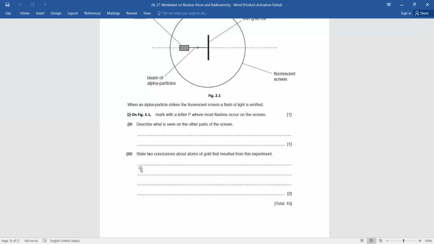And those going straight toward the nucleus bend more than 90 degrees. Three observations you got, isn't it? From the first observation, most of the alpha particles going undeflected, that one is showing you most flashes. We can say the atom is mostly empty space.